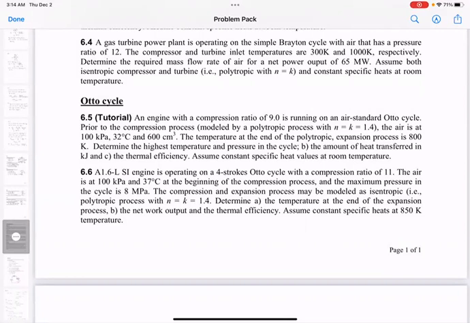Whenever we have a polytropic process where n happens to be k, where k is the ratio of Cp over Cv, whenever that exponent is equal to k, which for air is 1.4, we know that the process is isentropic. But again, treating it like a polytropic process with 1.4 is also perfectly valid. All right, so let's get started then.